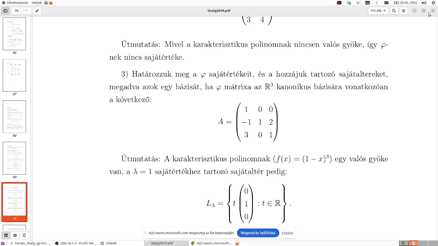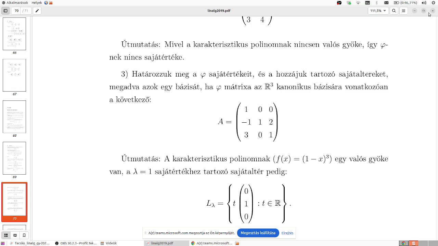So, this means x1 is 0. This means x3 is half x1, that's 0. So the solution is something 0, 0, and then something.